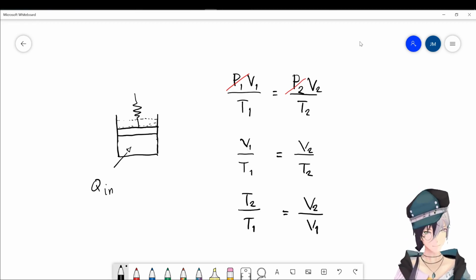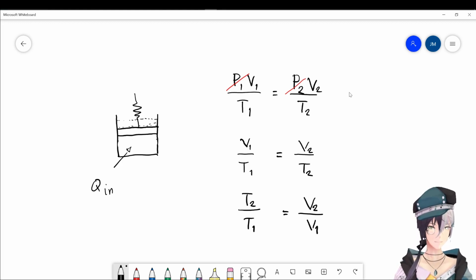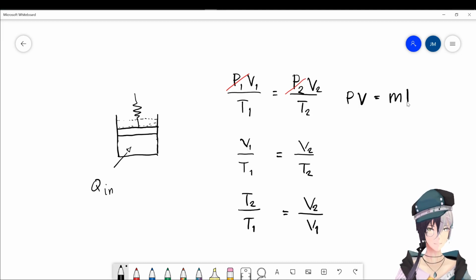Let's consider again the ideal gas law, PV equals mRT, at constant pressure.